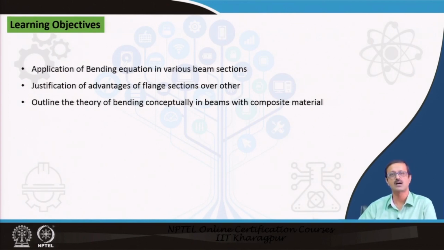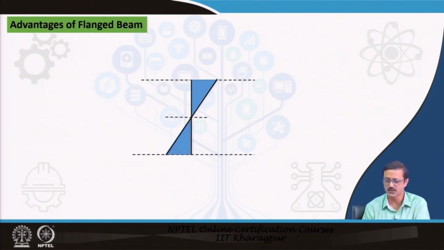We will also outline the theory of bending conceptually in beams and composite material, and how this theory of bending is applicable, which is sometimes important because we sometimes use composite material as our structural members, like the concrete. RCC is one of the materials which is a composite material.